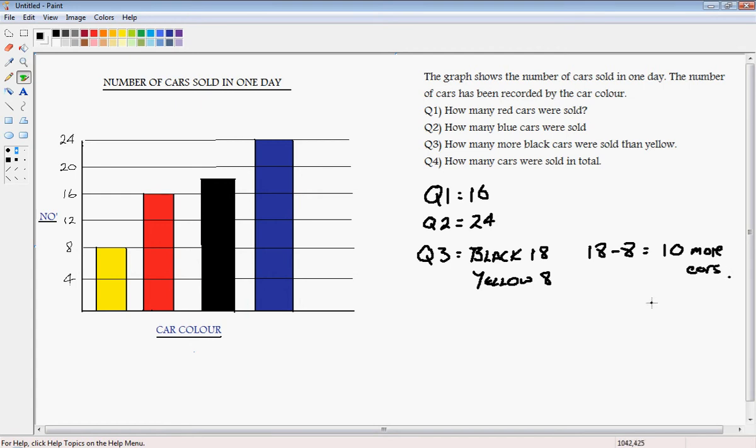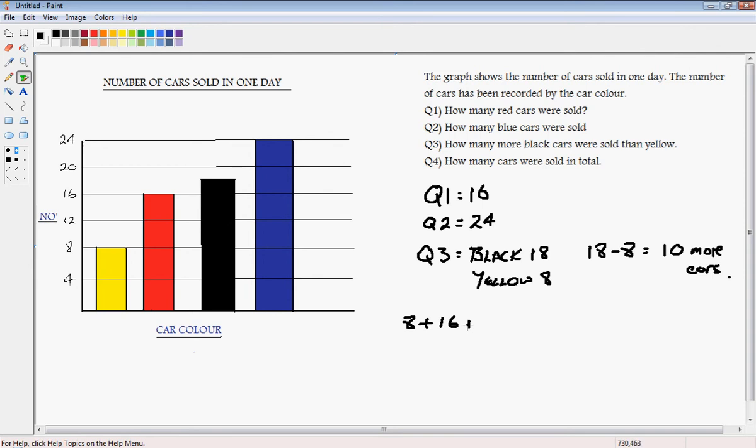Okay, then how many cars were sold in total? So we know this many yellow cars were sold, this many red, this many black, and this many blue. So we just add the totals together. So we have 8 yellow cars plus 16 red cars.